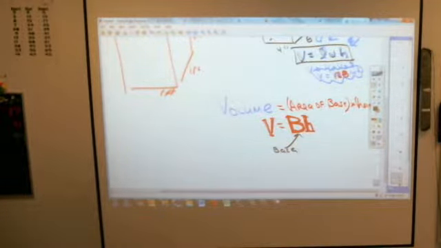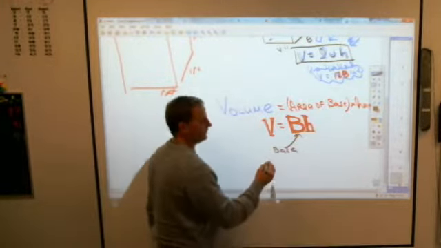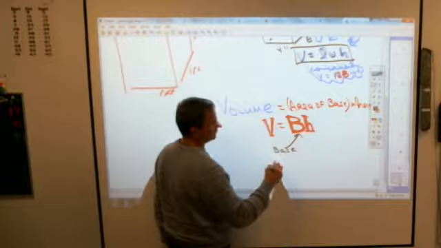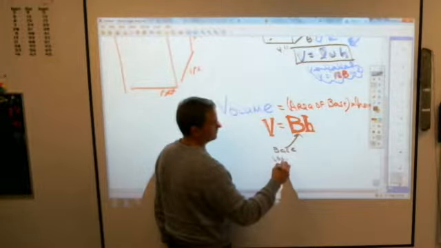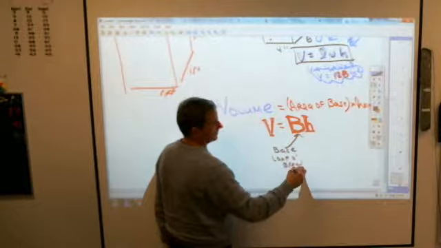For example, if I put this shape in front of you like this, the base is not that rectangle. For the base, you must think of what I like to call my loaf of bread theory. Remember the theory?